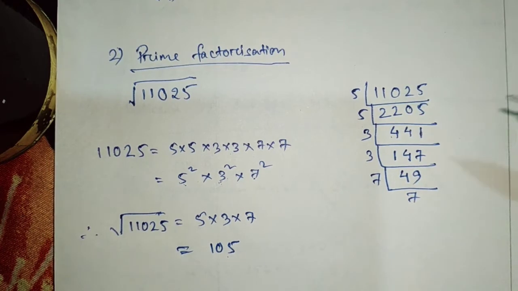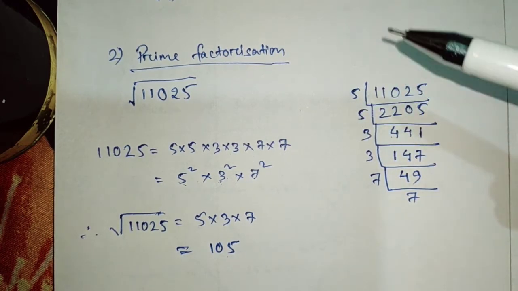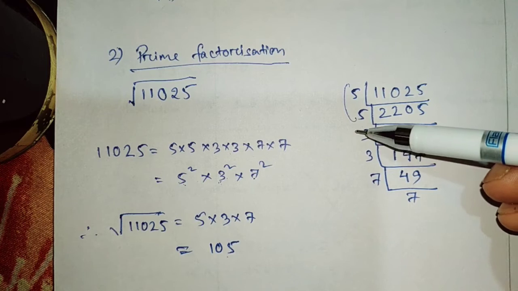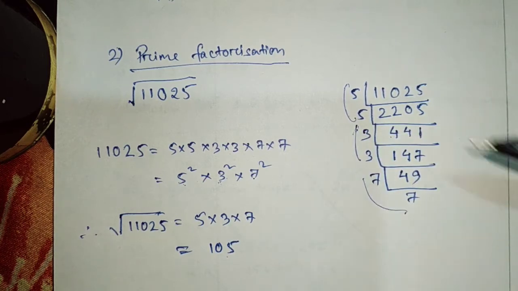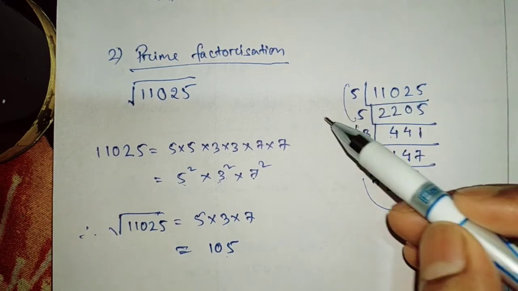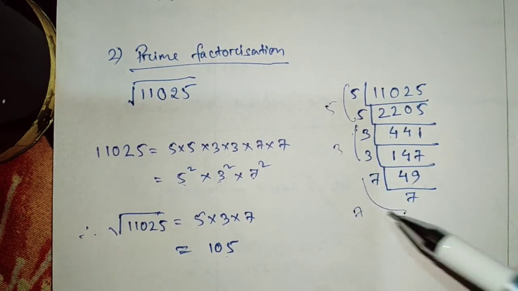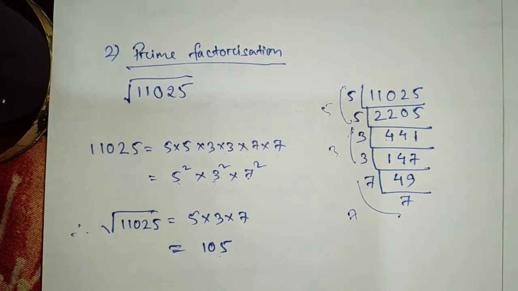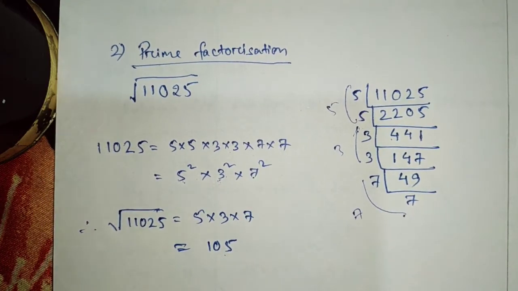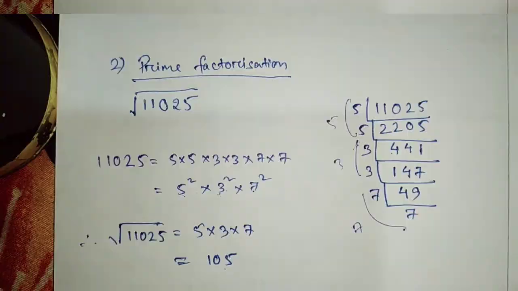Or to save time, you can directly calculate it: the two 5s make one pair, the 3s make one pair, and the 7s make one pair, so you just take 5 into 3 into 7. I hope this method of prime factorization is clear to you.